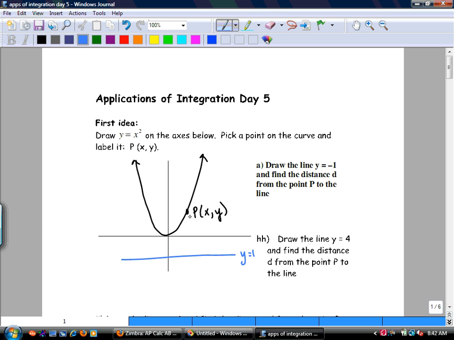I'm going to argue that it's this distance. Find that distance, please. Oh, it's y minus 1, yeah.